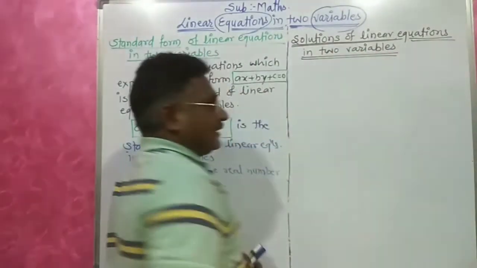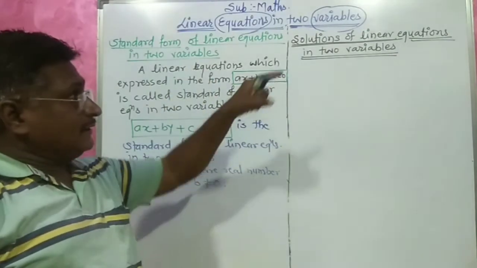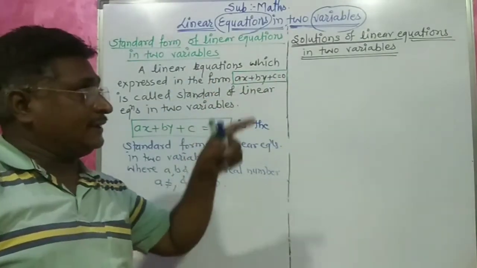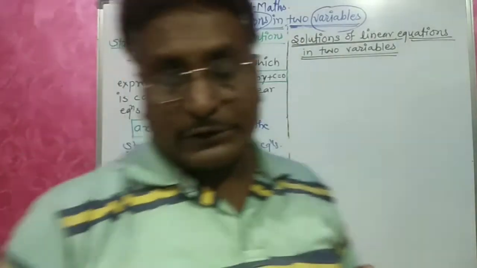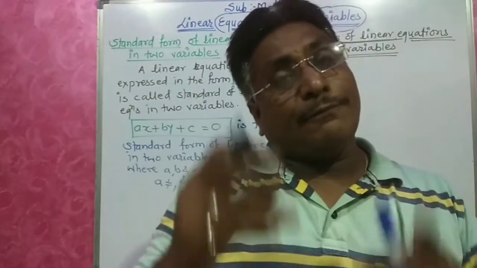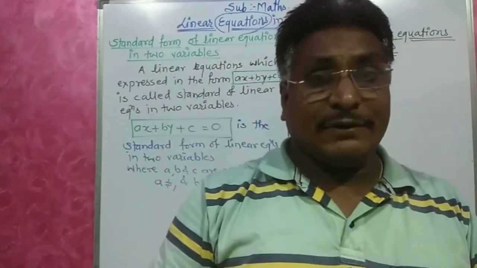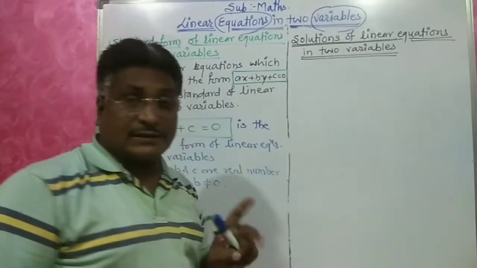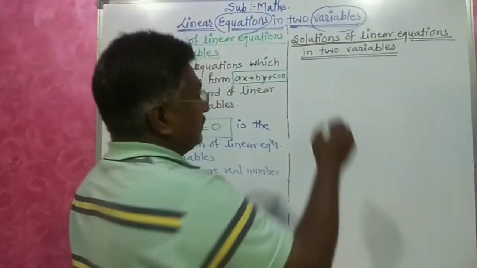In the same way we wrote the definition of solution of linear equation in one variable, where one variable was there, so the value of one variable which satisfies the linear equation. So here how many variables are there? Two variables. So how to write the definition?